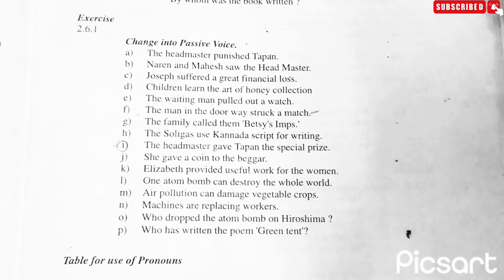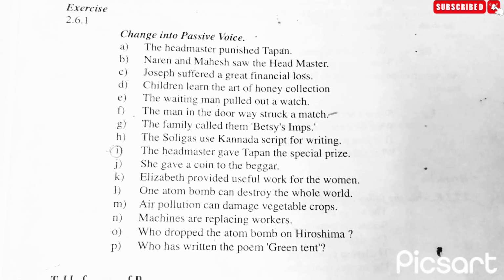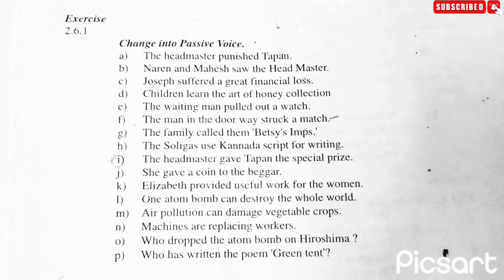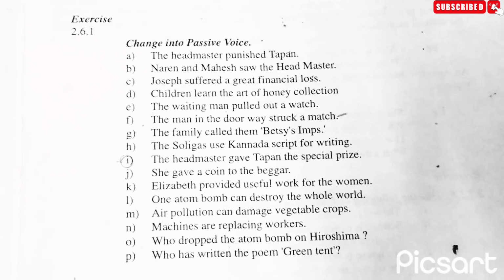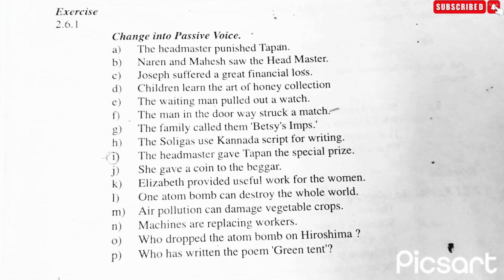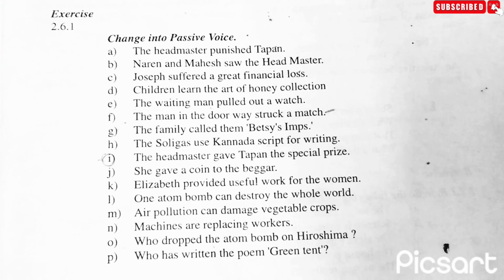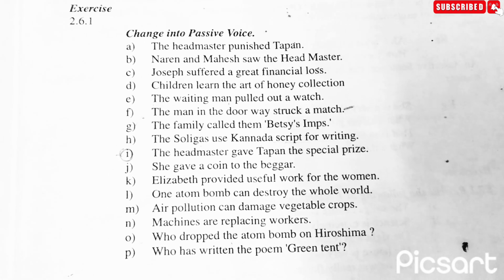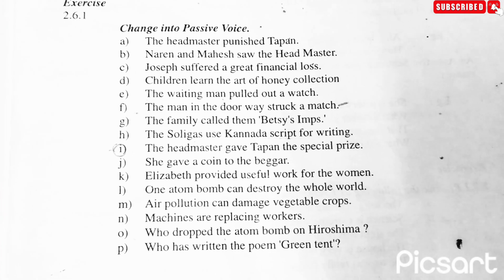And in the same way, Naren and Mahesh is a subject. Saw is a main verb. The headmaster is an object. Object changed into subject. The headmaster was. V3 form of see is seen. The headmaster was seen by Naren and Mahesh.